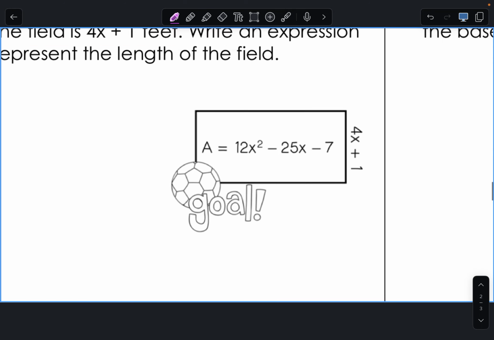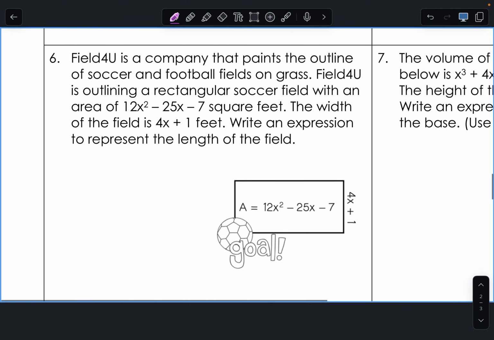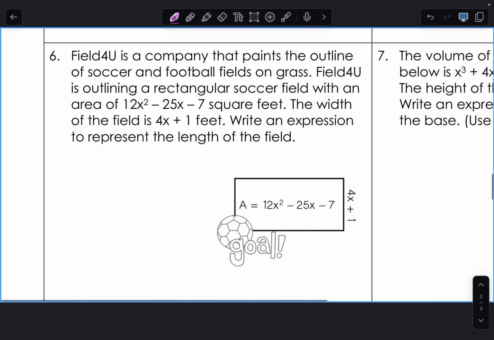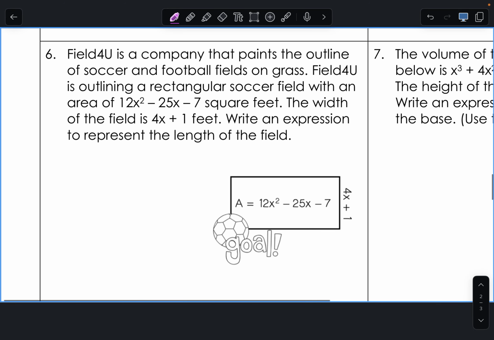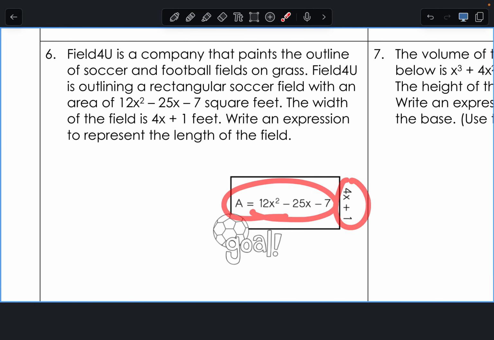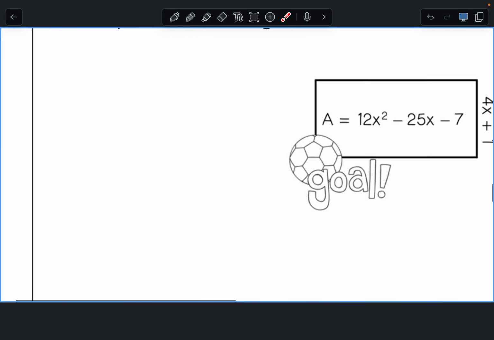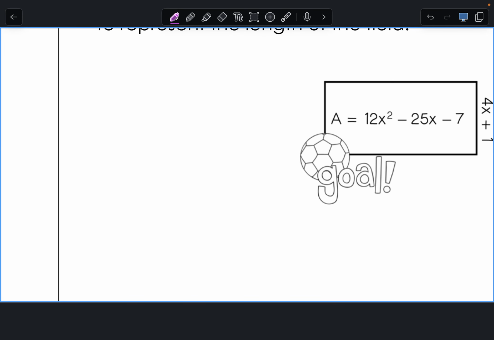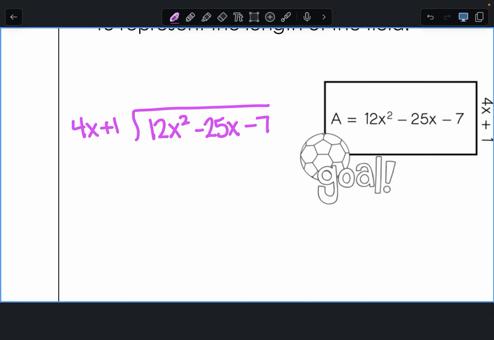All right. Now, you have a soccer football field. They're giving you the area and the width. So how do you find the length? By dividing, okay? So we're going to put 4x plus 1 on the outside and the area on the inside, 12x squared minus 25x minus 7.